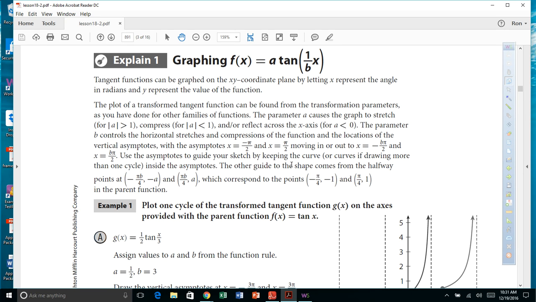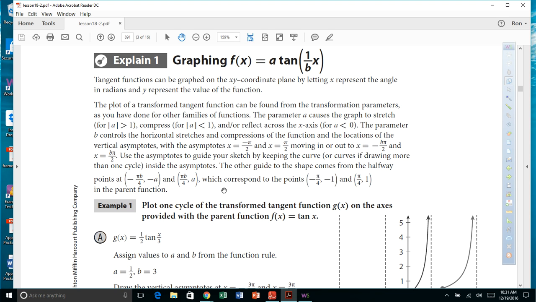The other guide to the shape comes from halfway points at negative pi b over 4, negative a and pi b over 4, a, which correspond to the points negative pi over 4, negative 1 and pi over 4, 1 in the parent function.